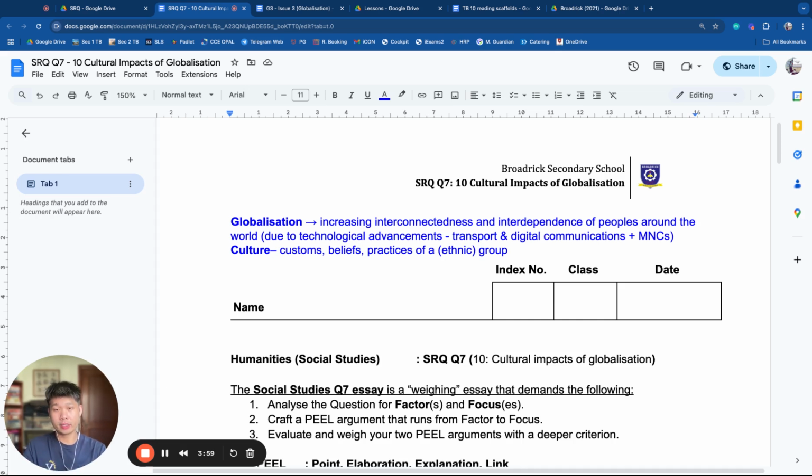So a group can have this. So maybe I'll add this also, worldviews. A group can have a similar set of customs, beliefs, practices, worldviews. If you were to think about Singapore, right, and what characterizes Singaporeans, I would say that Singapore culture, insofar as we have a culture, might be characterized by three salient features, and there could be more.